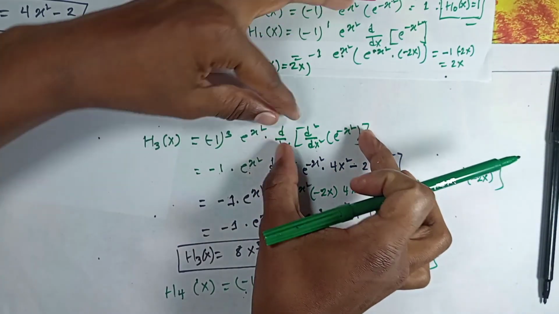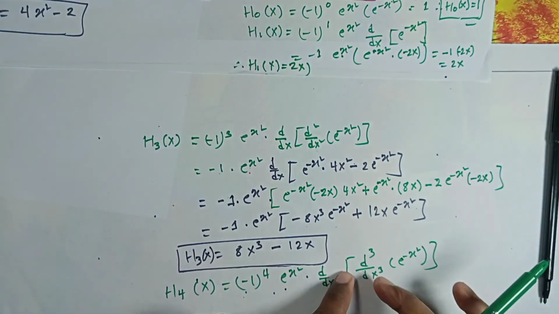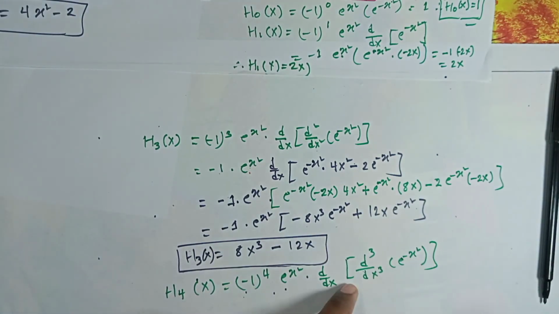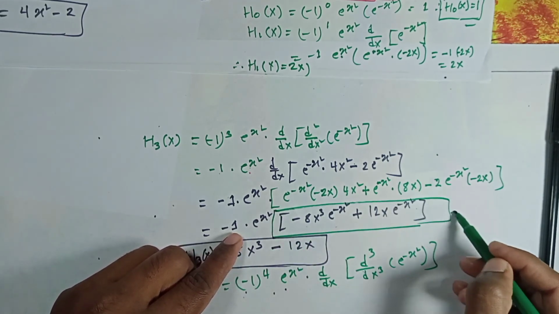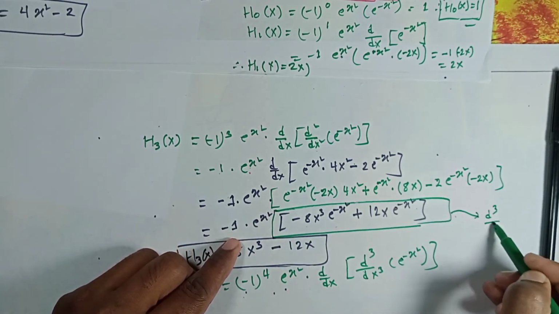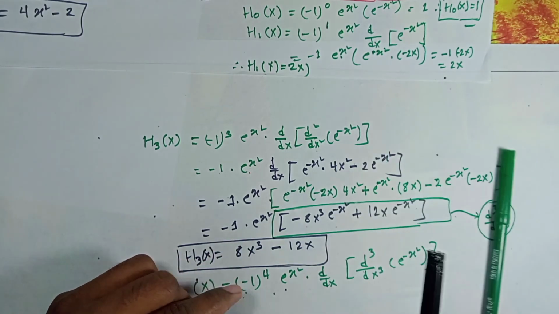This is my d cubed dx cubed e to the power minus x squared. Okay, we substitute this.